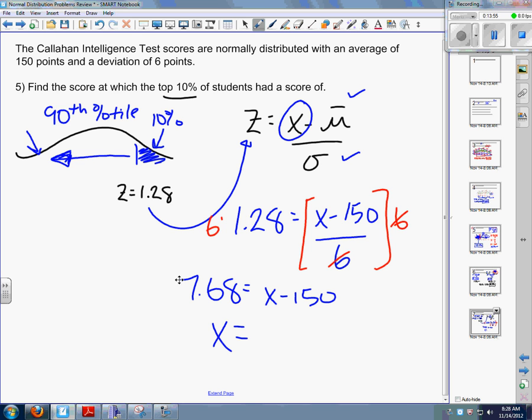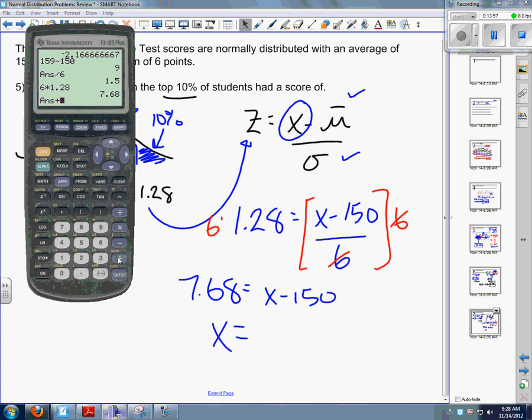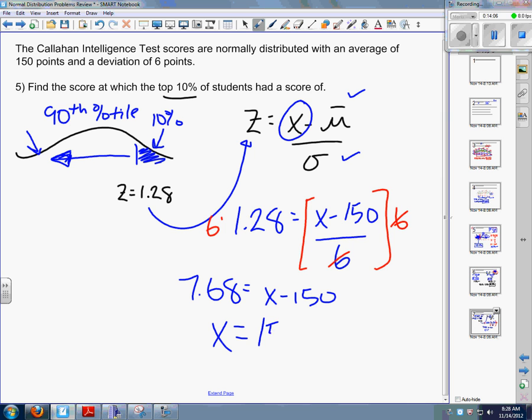So we simply add 150 to get rid of it, and we get 157.68. So once you get here, it's just a simple little one-step equation. So any kid that scored more than a 157.6, so basically any kid who scored more than a 158 would be in the top 10%.